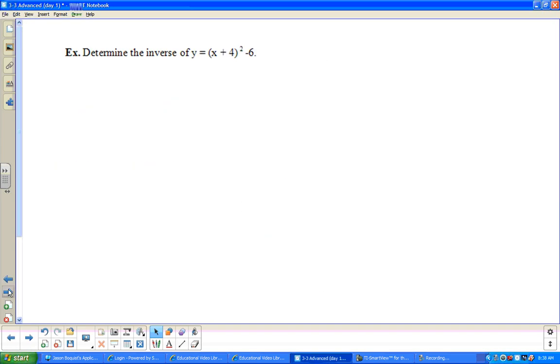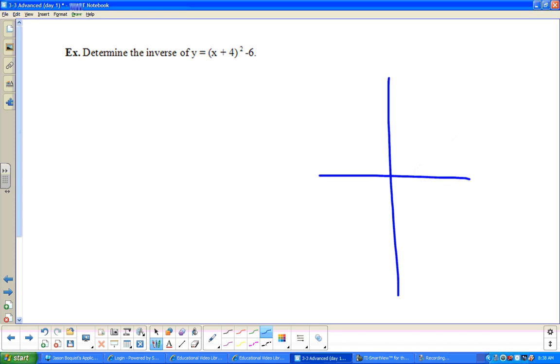x plus 4 squared and then minus 6. All right, what's the parent graph? x squared. And what should I do to x squared according to the transformations that we said earlier this year?